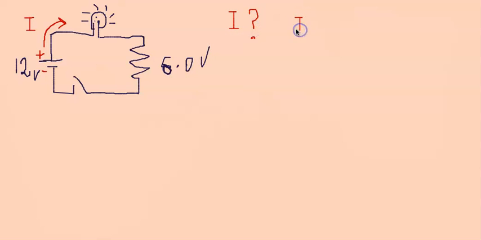From Ohm's law, I equals 12 volts divided by 6.0 ohms resistance, and that is 2.0 amps. So this is not very difficult to do.